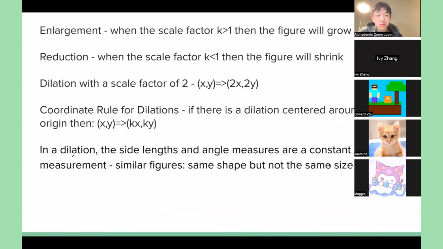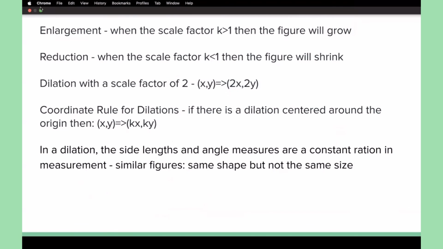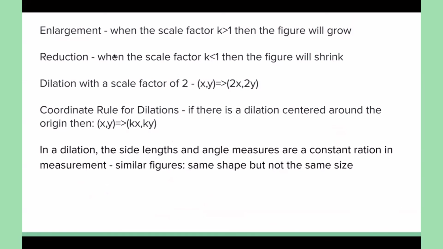Next up, we have reductions. We have a reduction when the scale factor K is less than 1, then the figure will shrink. We have an enlargement when the scale factor K is greater than 1, then the figure will grow.